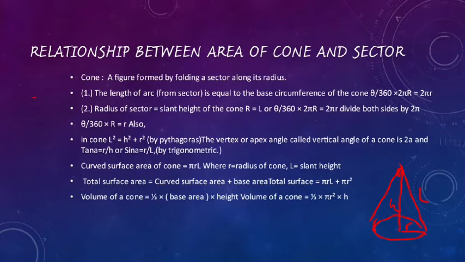Then, using Pythagoras theorem, provided this place is a right angle, we have the square on the slant height, which is the hypotenuse, L squared, equals the sum of the squares on the other two sides, which is h squared plus r squared. That's how we arrive at this one.